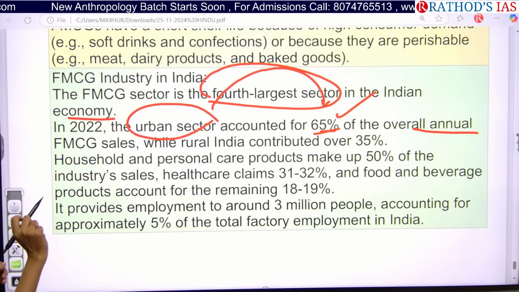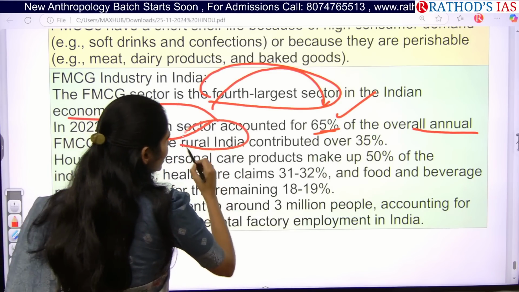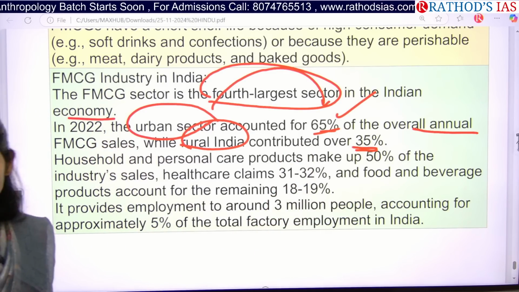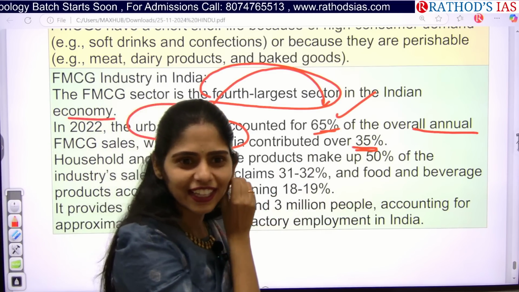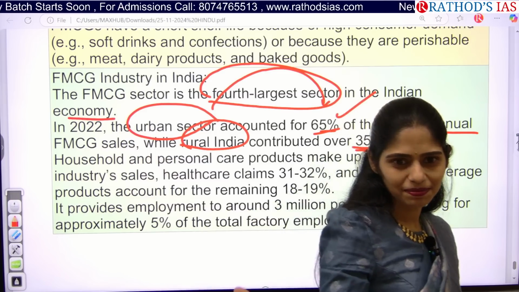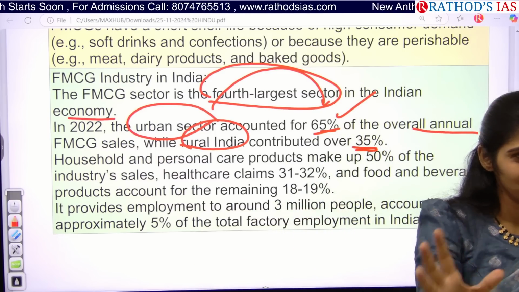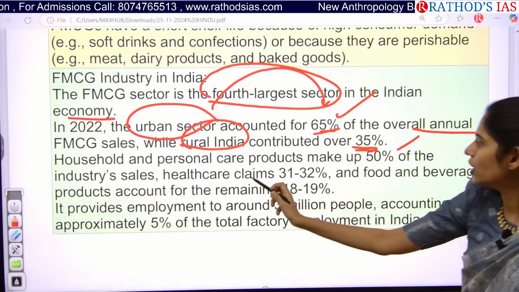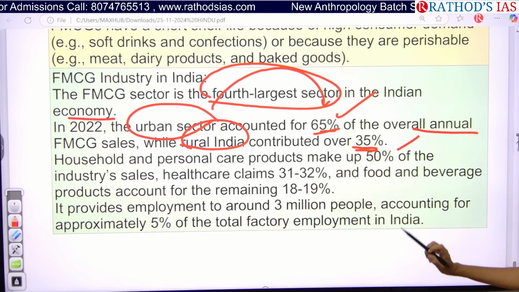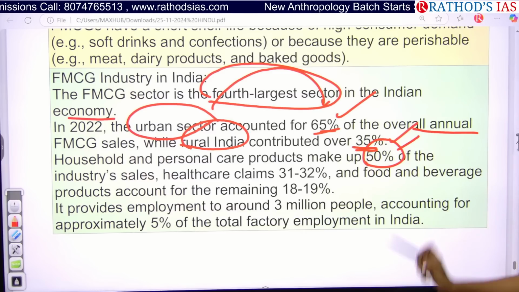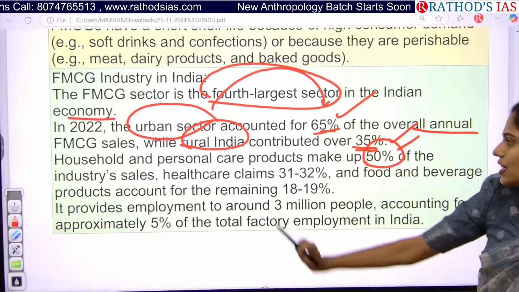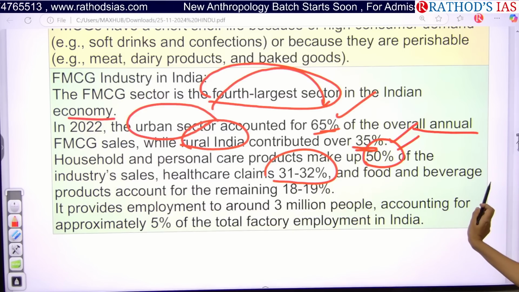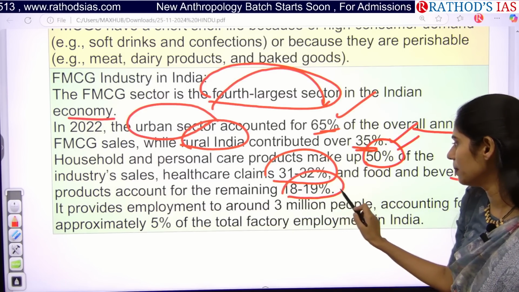Next, in rural areas it contributes only 35%. If you go to any rural area, do we get KFC? Do we get McDonald's, burgers, pizzas? No, right? Next, household and personal care products make up around 50% of industry sales, healthcare 31 to 32%, and food and beverages 18 to 19%.